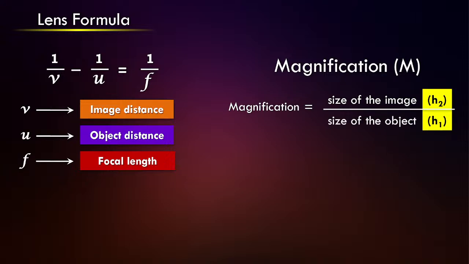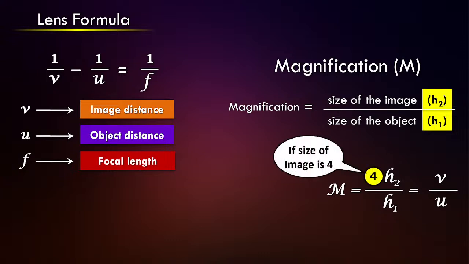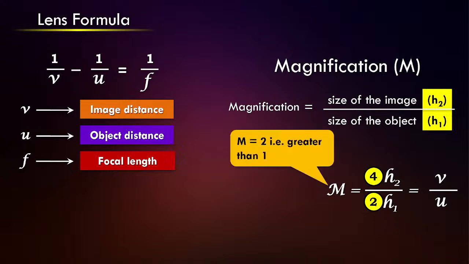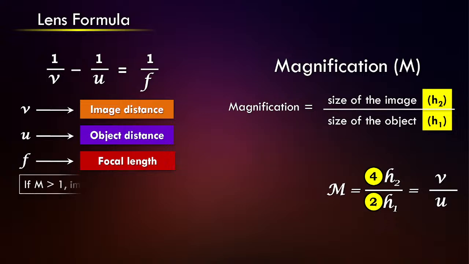Look at this: m is equal to h2 by h1, which is v by u. So if the size of the image is 4 and the size of the object is 2, the magnification will be 2, which is greater than 1. So if m is greater than 1, the image is magnified.